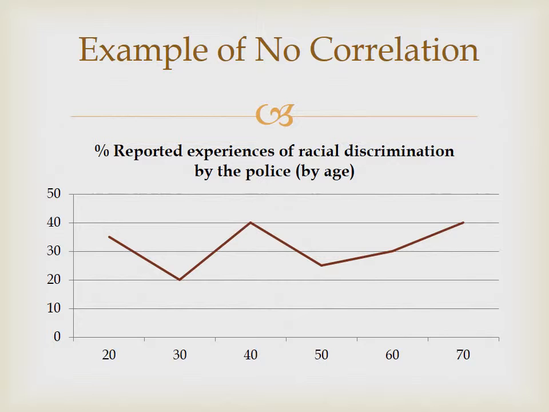Doesn't matter old or young, perhaps everyone is about equally as likely to experience this. I should note that these numbers are made up for demonstration purposes, but just to capture the idea that perhaps it's not age that is the factor here.